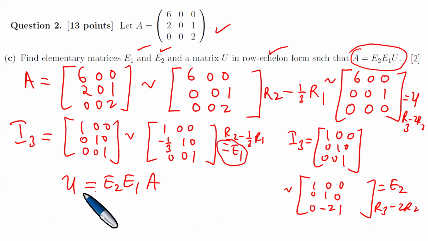Because we start with A and then we perform an elementary row operation on A, meaning we multiply by E1, and then we do the same, and then we get an upper triangular matrix.